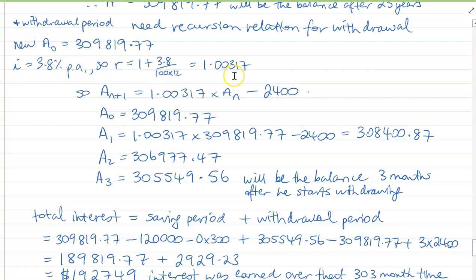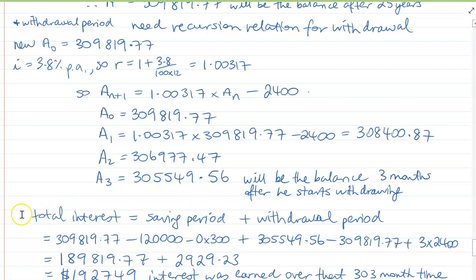And considering our rate of 1.00317, that means my withdrawal recursion will look like this. And as I progress through the next 3 months, hopefully you had a balance on your account of $305,549.56 after he starts that withdrawing.